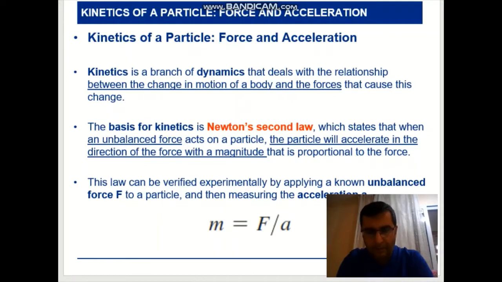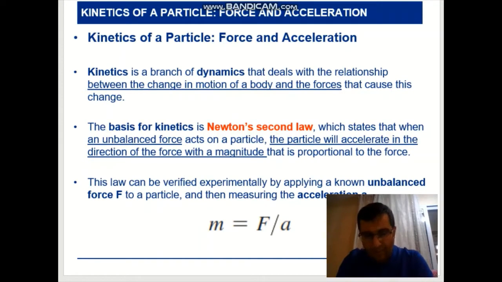Kinetics of a particle is a branch of dynamics that deals with the relationship between the change in motion of a body and the forces that cause this change. So kinetics is when we take care of the body or mass of the object.